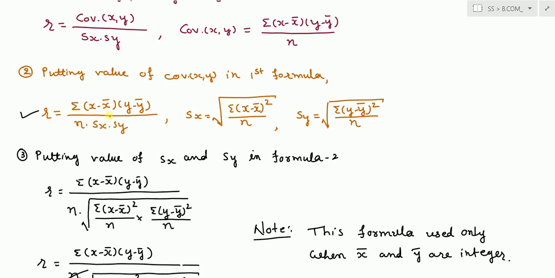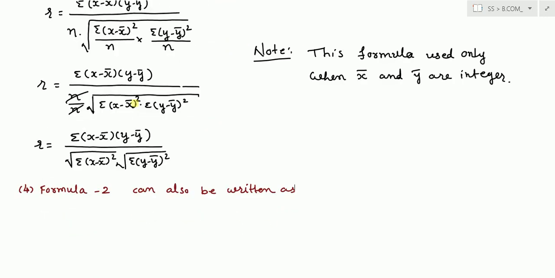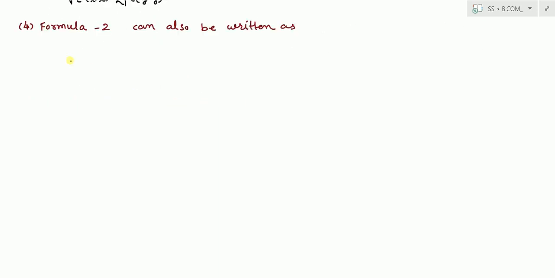This formula can also be written as, if we expand the second formula we will get r is equal to sigma xy, sorry, sigma xy minus n x bar y bar upon n into sx into sy.